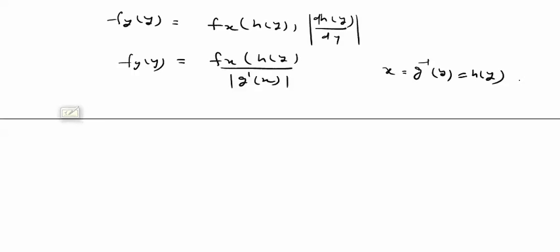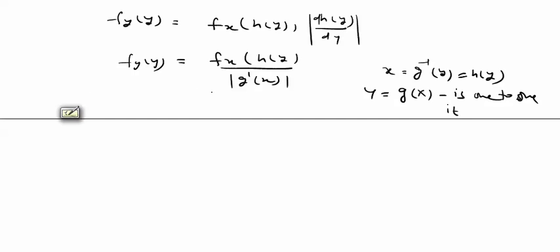This term comes when y equals g(x) is a 1-to-1 correspondence and its inverse is possible. With 1-to-1 correspondence, we put the new value of y into x and divide by g dash x. We directly find the PDF of the new parameter.